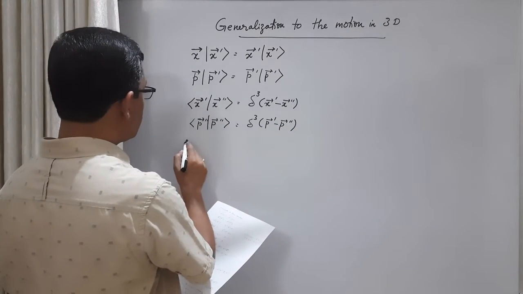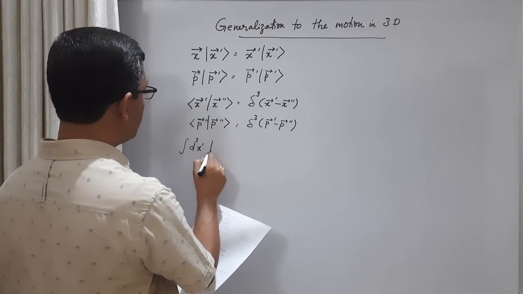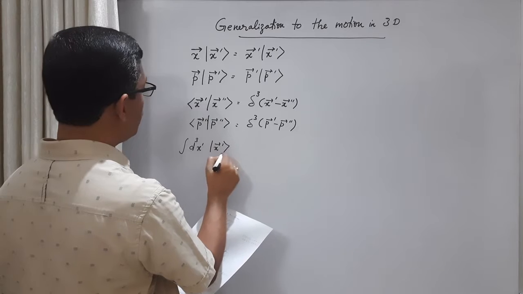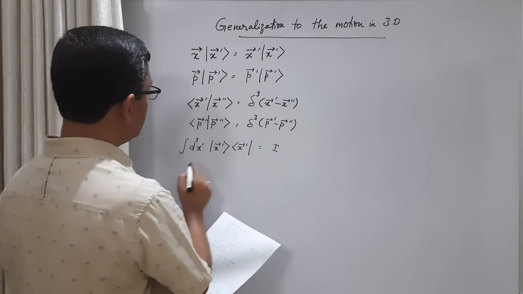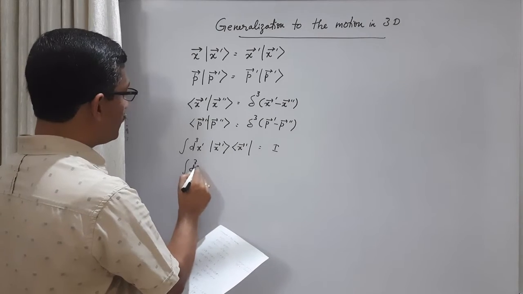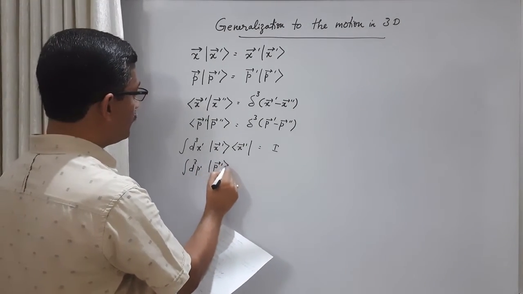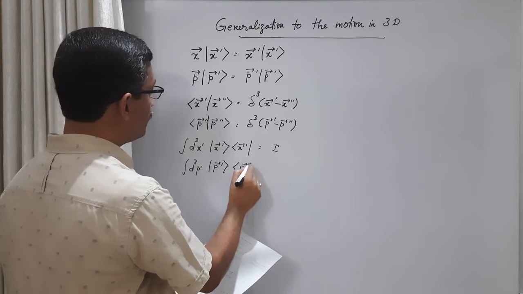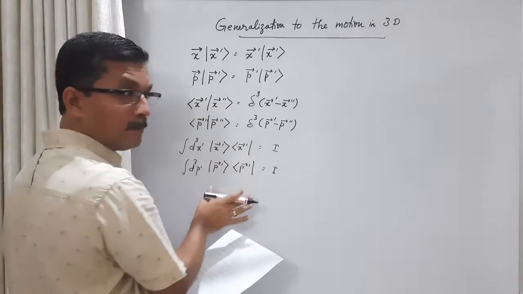And the completeness condition is the integral, a volume integral, d cube x prime ket x prime bra x prime, this is identity. Similarly, d cube p prime, again a three-dimensional integral, ket p prime bra p prime equals identity. So this is orthonormality, this is completeness.